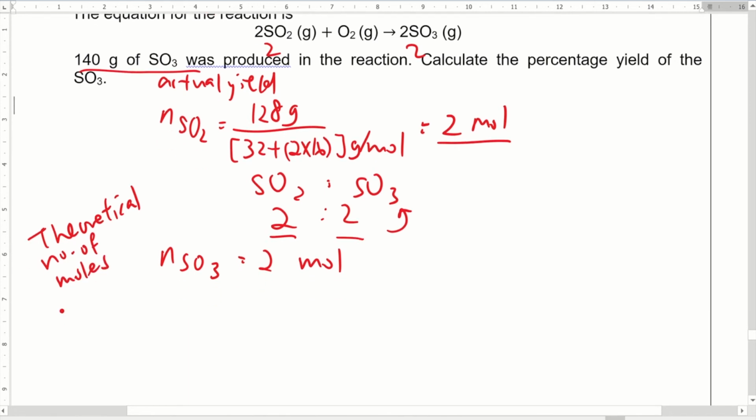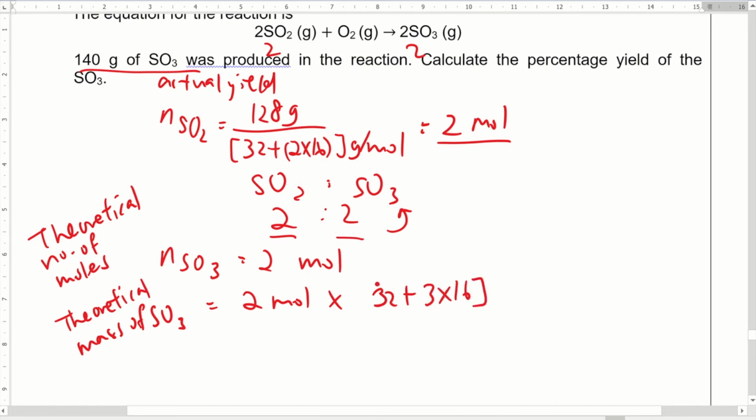What is the theoretical mass of SO3? You calculate number of moles multiplied by molar mass, which is 32 plus 3 times 16 gram per mole, and you will get 160 gram. So this is your theoretical mass.